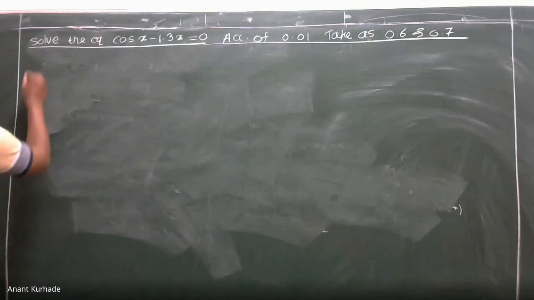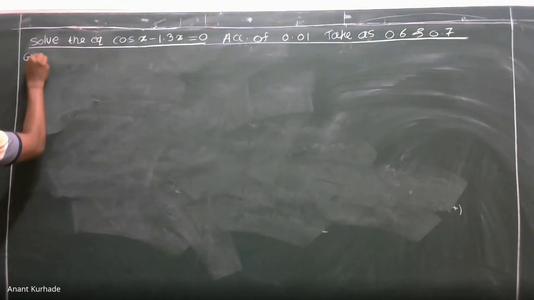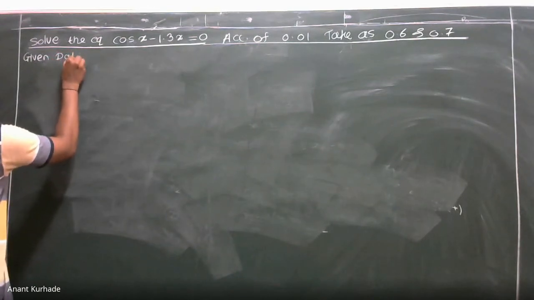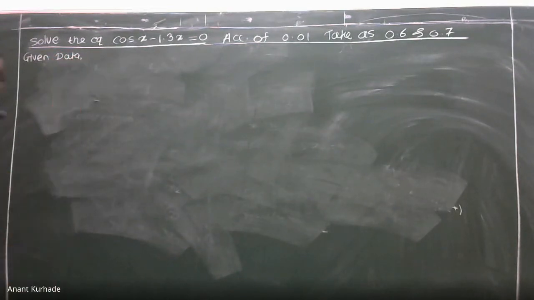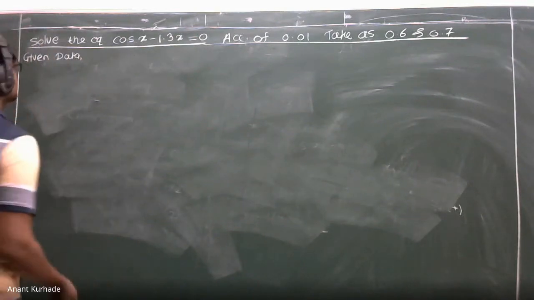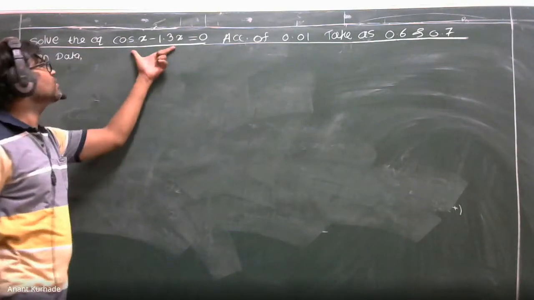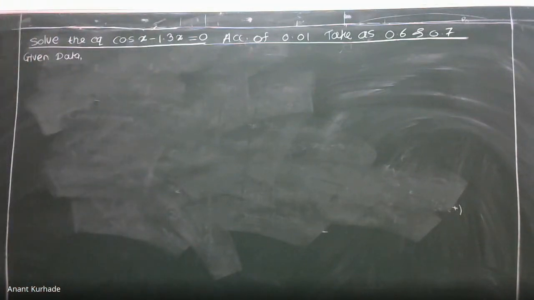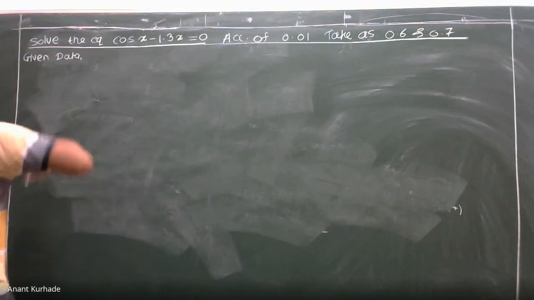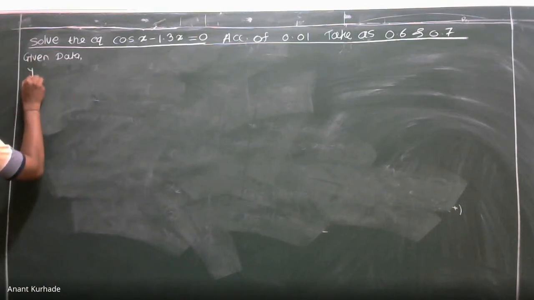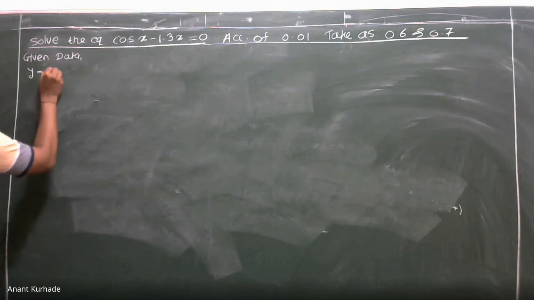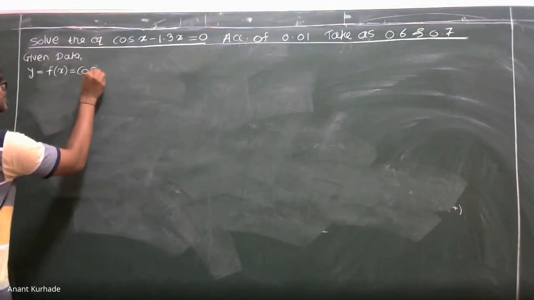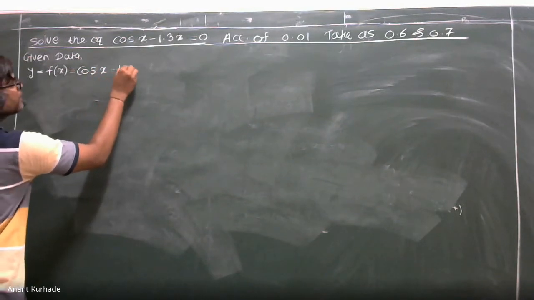Now see, start with the given data. While solving each and every problem, I always focus on the given data. Once you write the given data, please cross-check it twice. What is the given data? The equation: f of x is equal to cos x minus 1.3x.